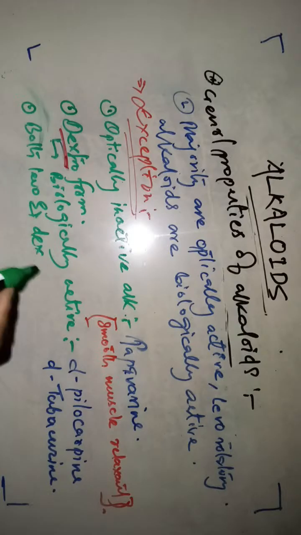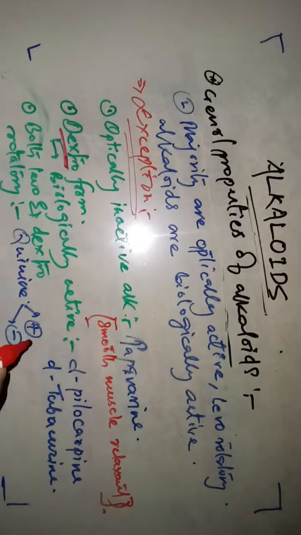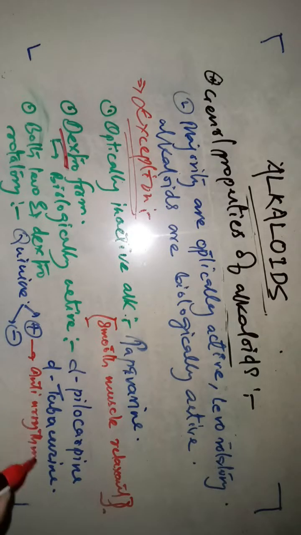Example is quinine. Dextrorotatory quinine is antiarrhythmic and levorotatory quinine is antimalarial. So you have to remember that.